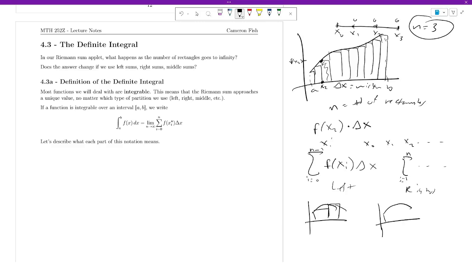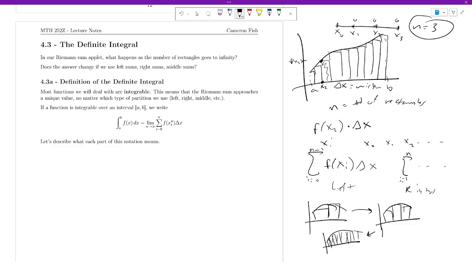If I move on to maybe 3 rectangles, it's a little bit better of an approximation. And you can imagine if I do more and more rectangles, it's a finer and finer grained approximation, and it looks like it's approaching the actual smooth, continuous area under the curve. If I had maybe an infinite number of rectangles?